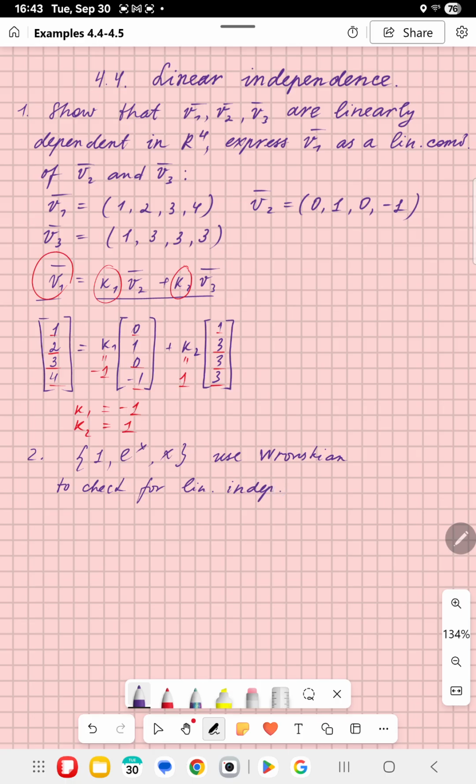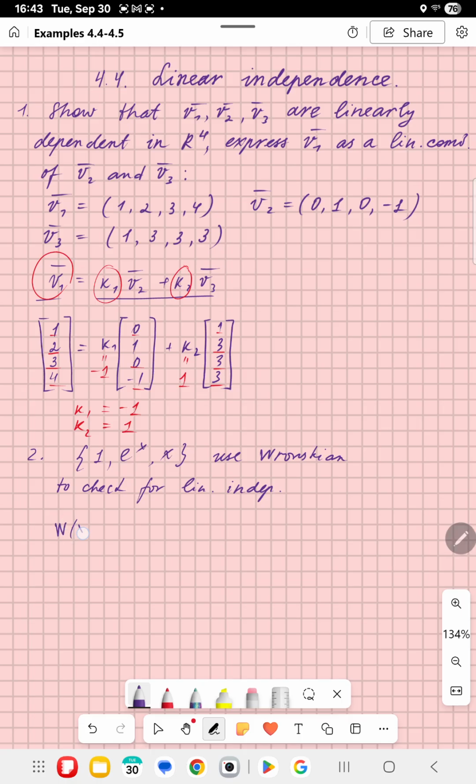I'm going to remind you what the Wronskian is and how it's going to help us check for linear independence. The Wronskian is built out of functions and their derivatives, and is especially used in differential equations. It's going to tell us whether the functions are linearly dependent or not without actually solving any equations. So how is the Wronskian built?